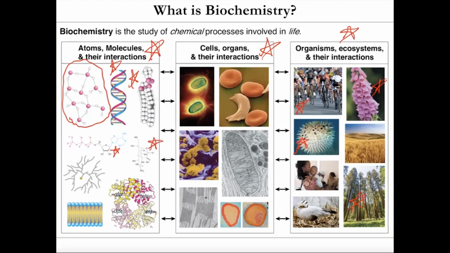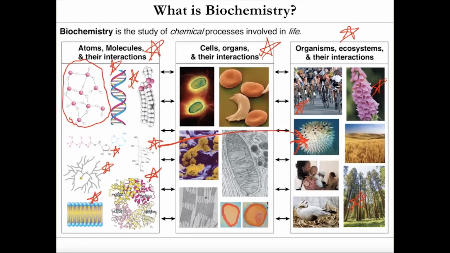We have tetrodotoxin, which is actually a poison from a jellyfish. We have glycogen, which is how your body stores excess glucose for when you need it at different times. We have a lipid bilayer that forms a membrane, and we have a protein molecule, hemoglobin, which carries oxygen in your cells.